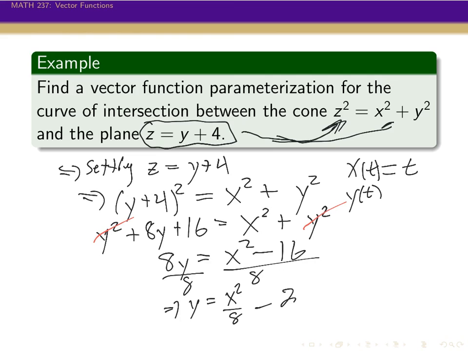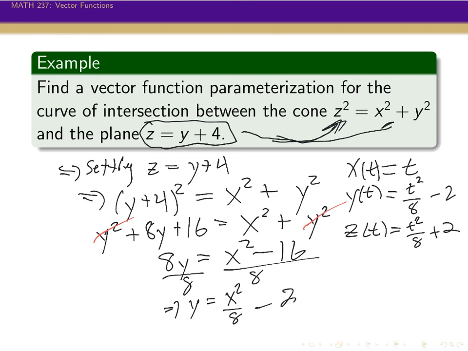Then for the y function, in place of x we're going to put in t. And so we get t squared over 8 minus 2. And then for the z function, we're going to plug our y function into y plus 4 equals z. And so z is going to be y plus 4, which will give us t squared over 8 plus 2. And so now we have our 3 functions for each component.